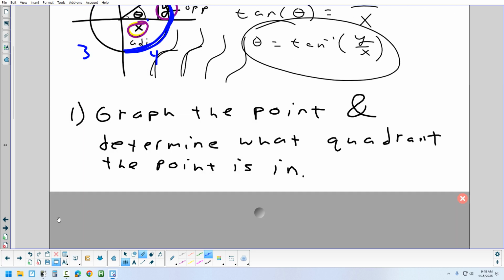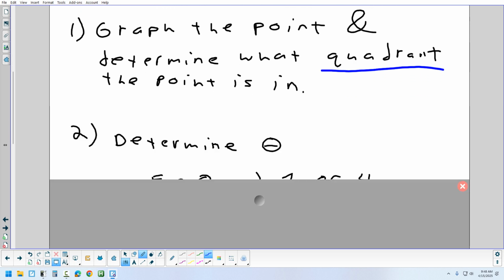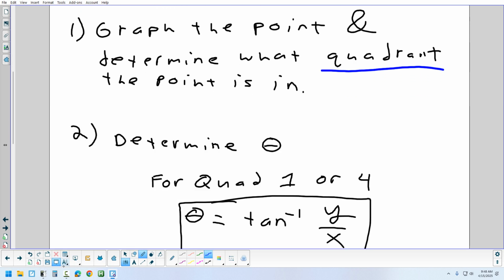So knowing the quadrant that you're in is important because that's going to change the formula you use to find the angle. If you're in quadrants 1 and 4, you just use inverse tangent of y over x. That works perfectly because inverse tangent always gives you an answer between negative 90 and 90.